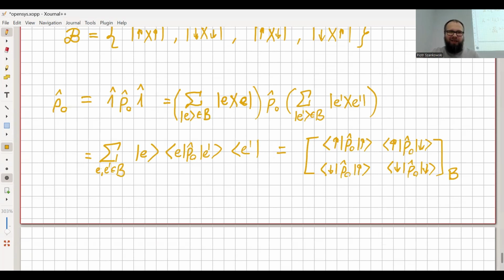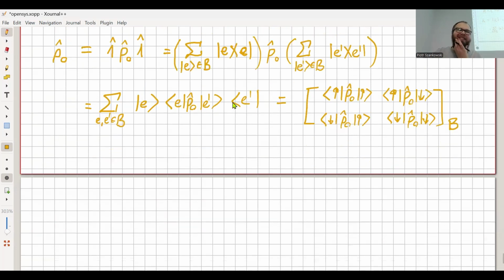This is where the basis, this calligraphic B, comes in, because the decomposition of identity, which we used here, is true for any Hilbert space. If you have a scalar product and a vector space, you have bases, and you can decompose identity in this fashion, right? The trick is just to identify what this projector means. What is ket, what is bra?